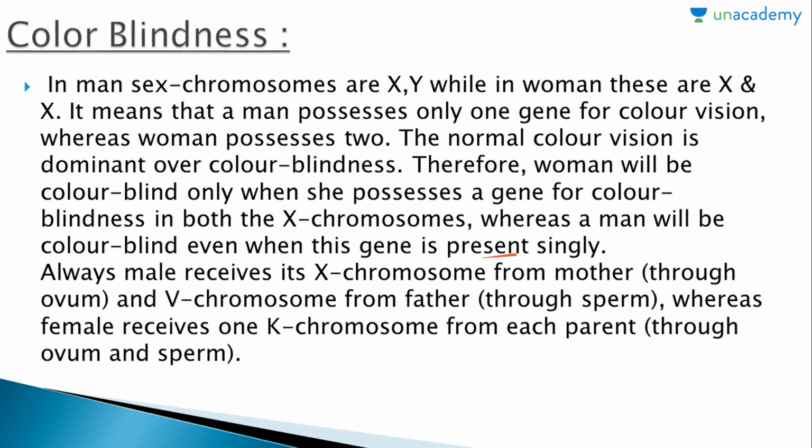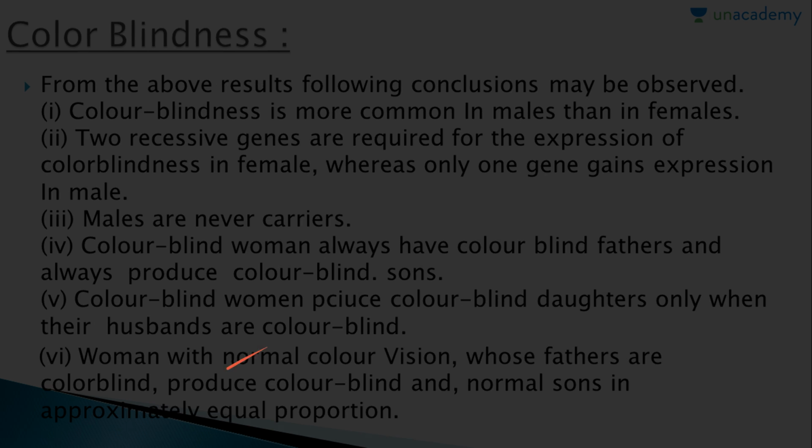So there are more chances of a man being color blind. Always the male receives its X chromosome from the mother through the ovum and the Y chromosome from the father through the sperm, whereas the female receives one X chromosome from each parent through ovum and sperm. There is a typing mistake here, it is Y and it is X.